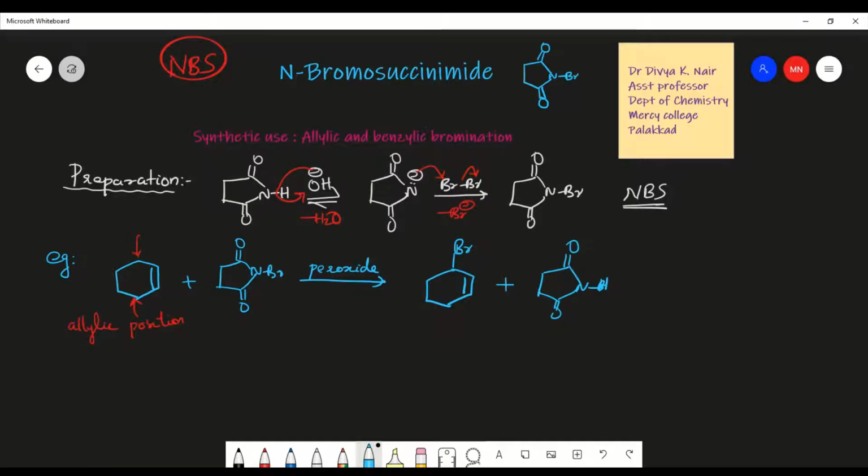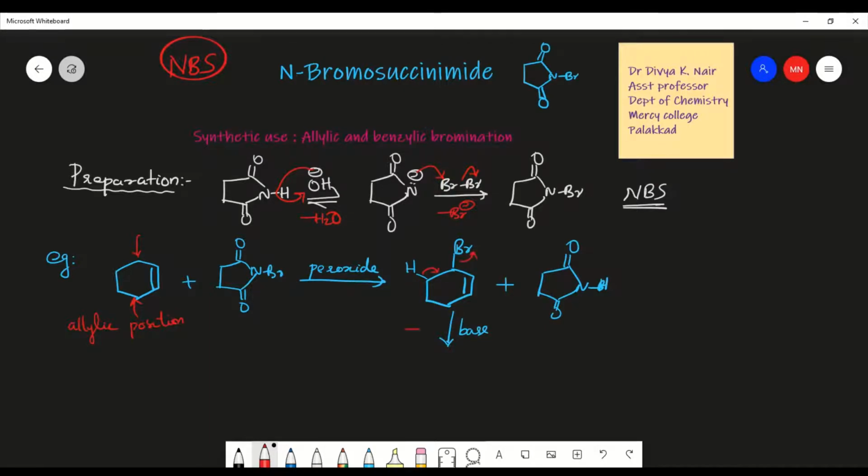Bromination of allylic compounds is useful for the synthesis of conjugated dienes. How does this happen? Suppose you brominated this allylic position, and you treat it with a base. As you know, there is a hydrogen here, so there will be a beta elimination like this.